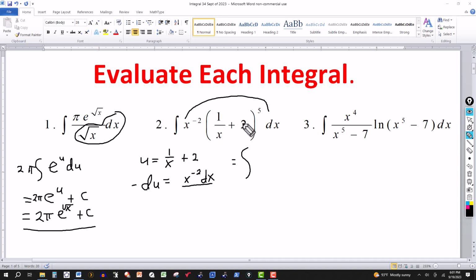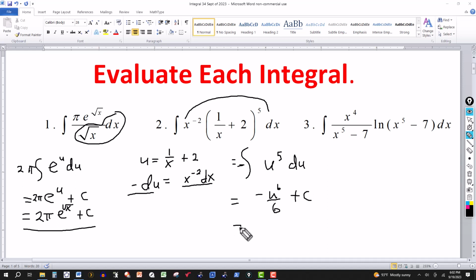And of course this expression here will be u, to the 5th power, and I've got my du. And then I've got a minus here from the negative du. Then we just integrate with respect to u. We add 1 to the exponent, we get u to the 6, and then divide by 6. Still got the negative out here, plus the constant of integration.